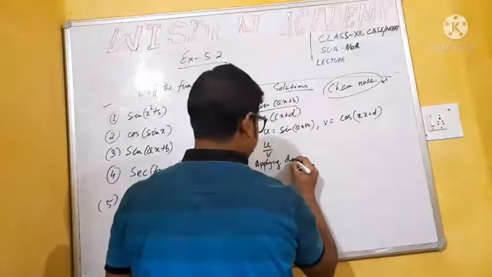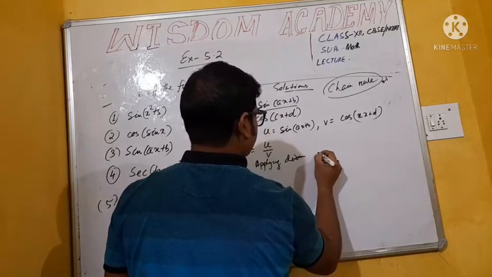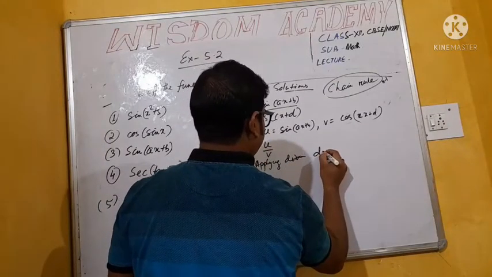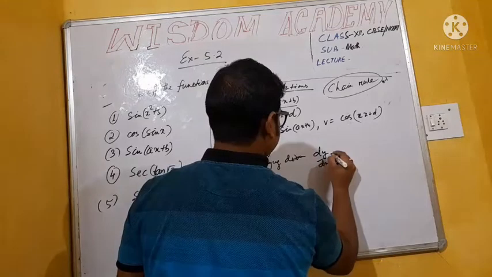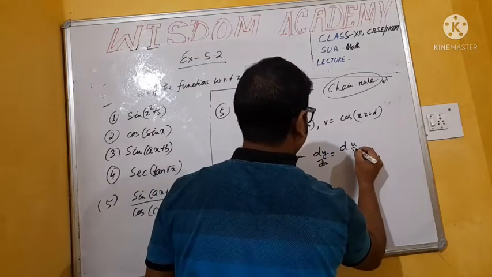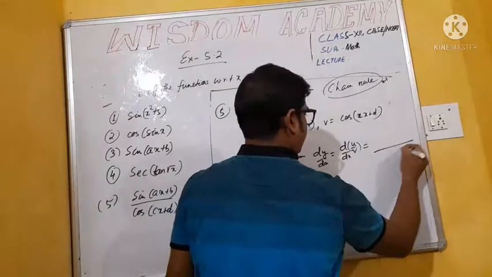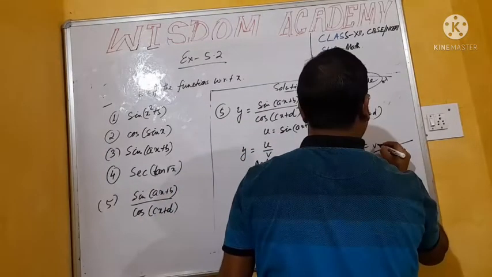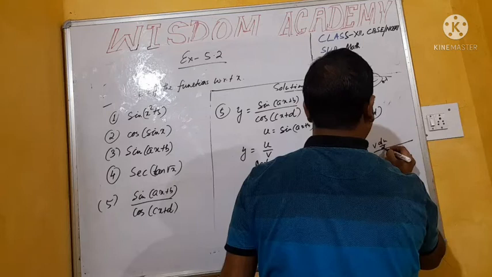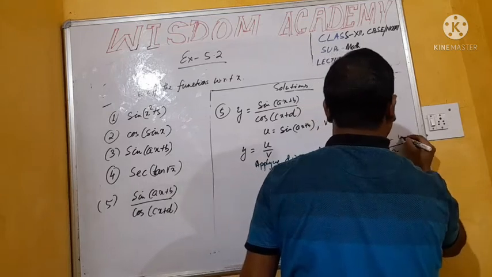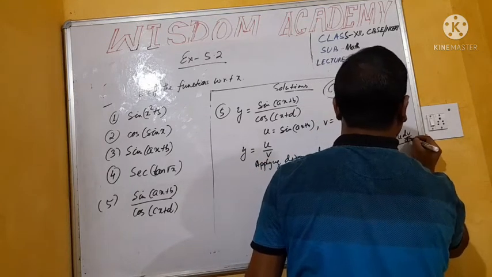Applying the division rule, dy by dx is the derivative of u by v with respect to x, that is v square, v derivative of u by dx minus u derivative of v by dx.